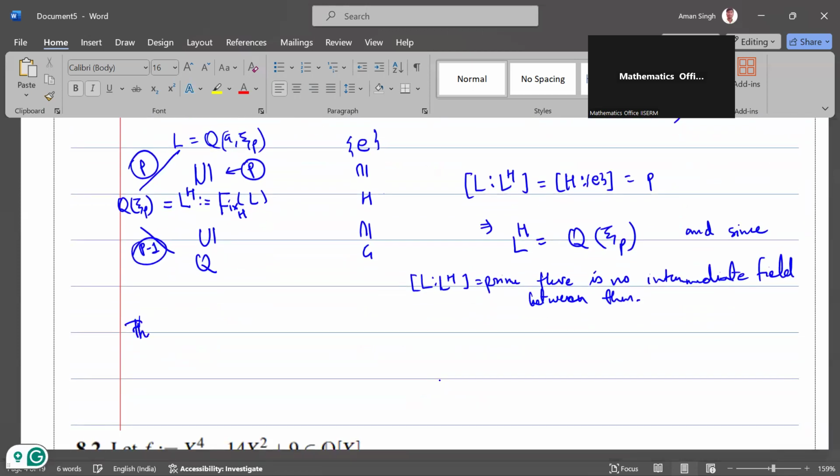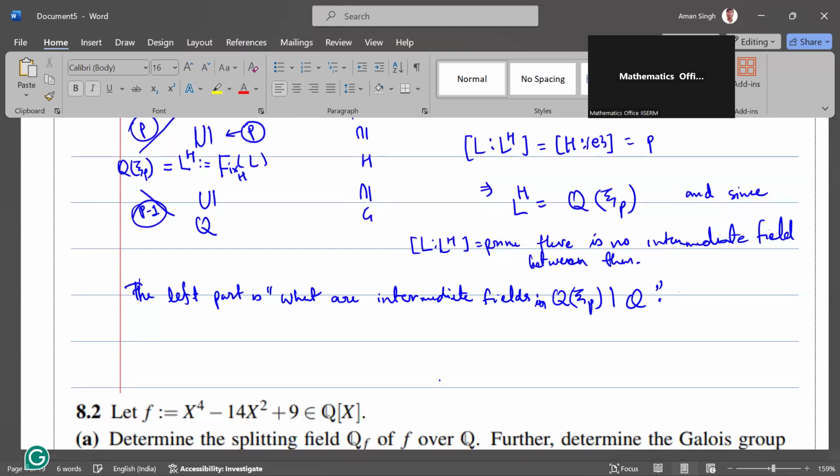The left part is what are the intermediate fields between Q theta P over Q of zeta P. The proof will be given next.